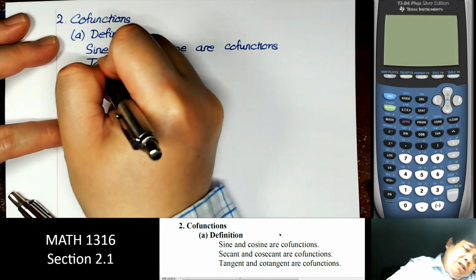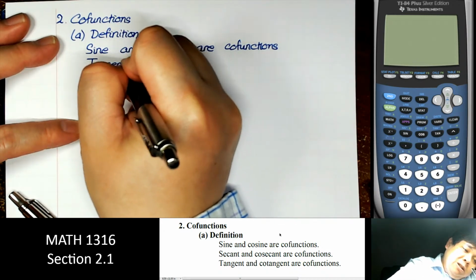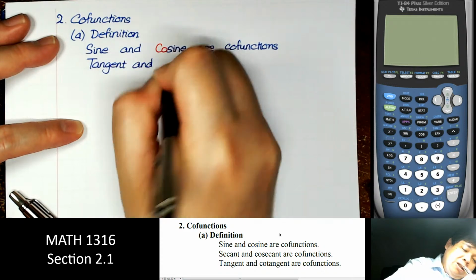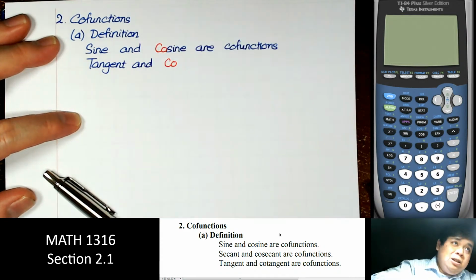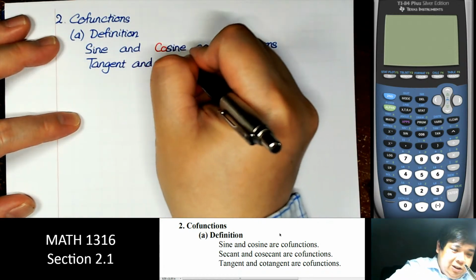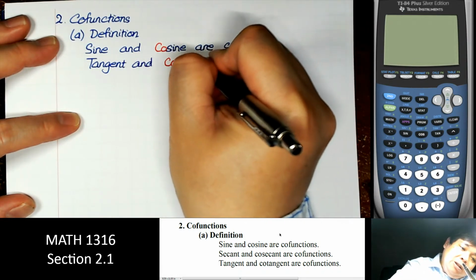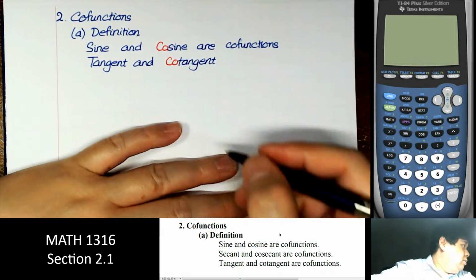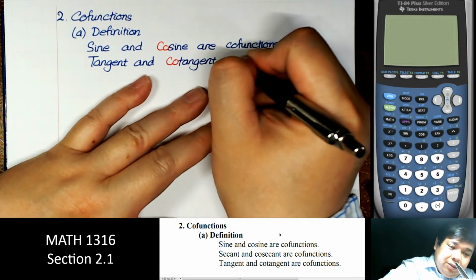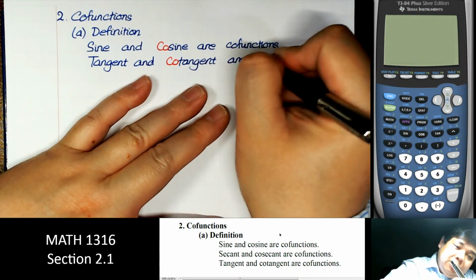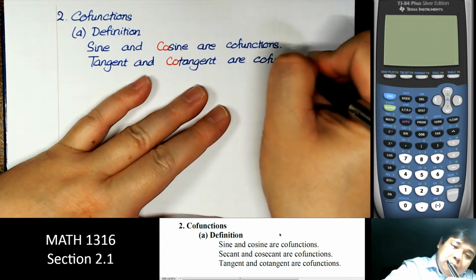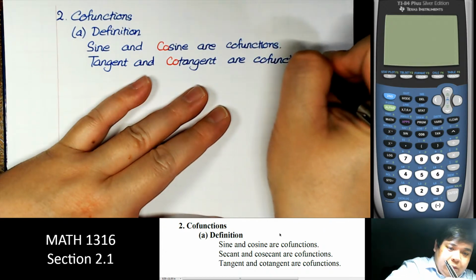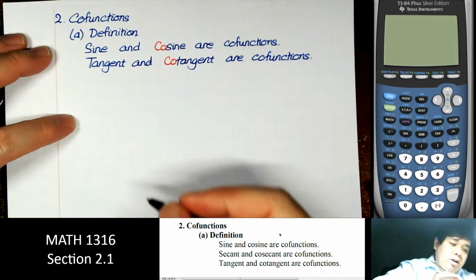Tangent and cotangent are cofunctions of each other.